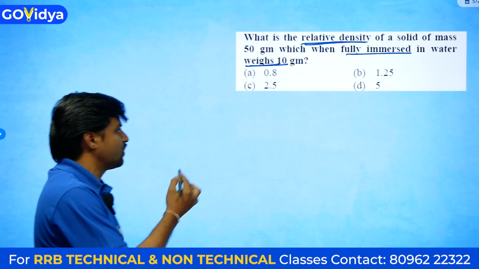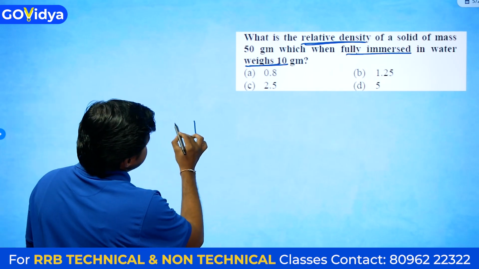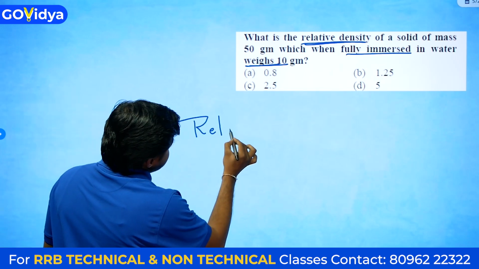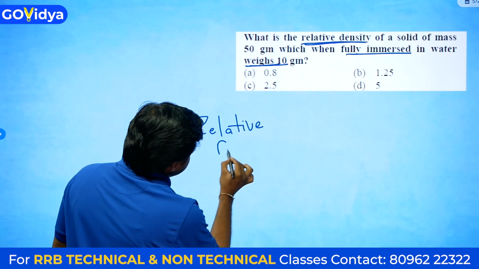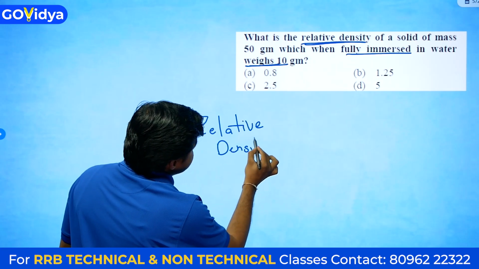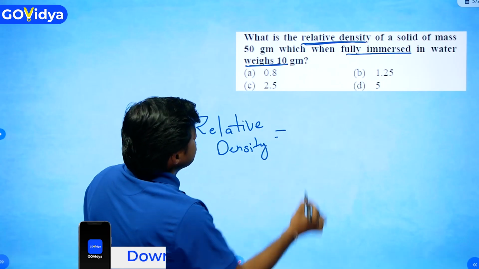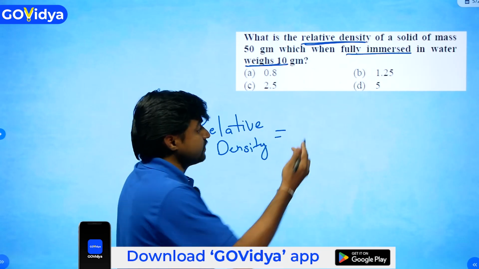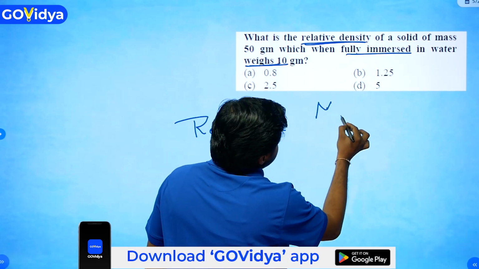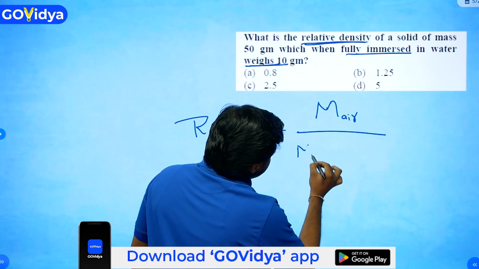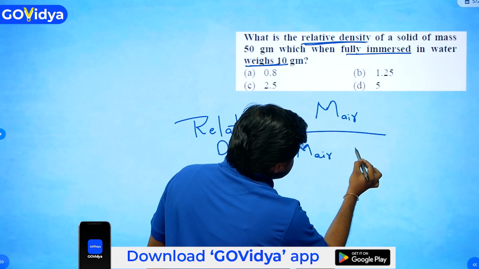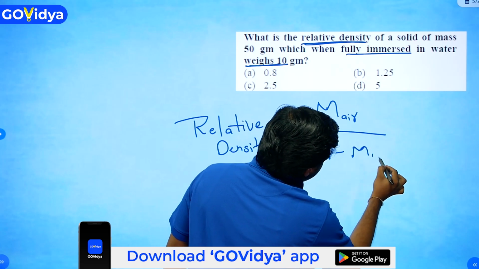రిలేటివ్ డెన్సిటీ, ఐ విల్ గివ్ వన్ ఫార్ములా. Relative density is equal to mass of the body in air by mass of the body in air minus mass of the body in water.